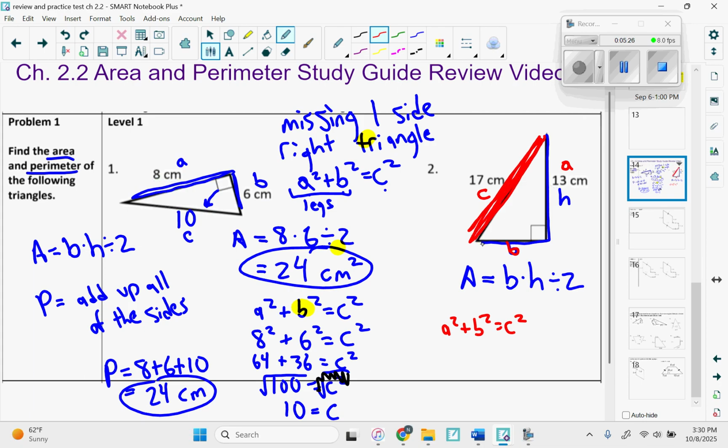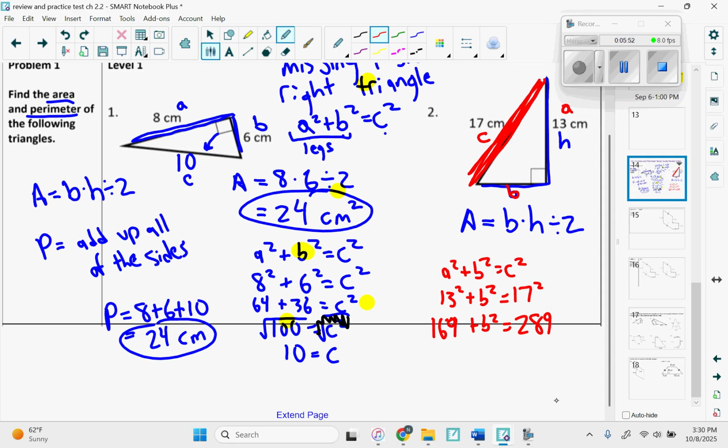All right. Let's plug in those values. I got 13 squared plus b squared equals 17 squared. 13 squared is 169. 17 squared is 289. And notice on this one, in order to get b, we're going to have to subtract 169 on both sides.